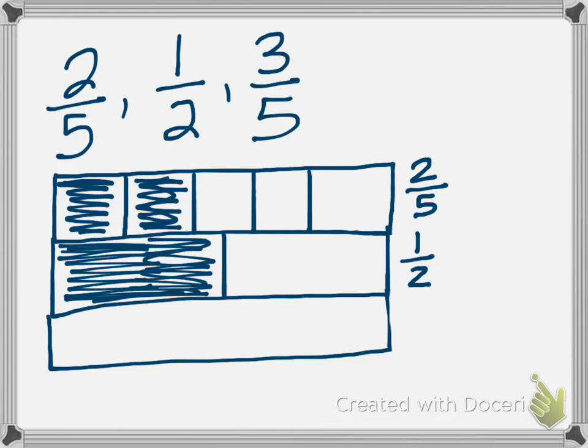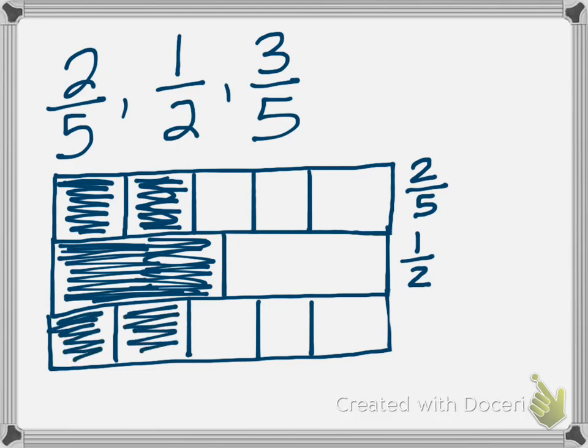The next box I'm going to again divide into fifths. 2, 3, 4, 5 spaces, and I'm going to shade in 3 of them. By drawing this out like this, I can easily see that from least to greatest, 2/5, 1/2, and then 3/5 is the correct order. Let's try another one.